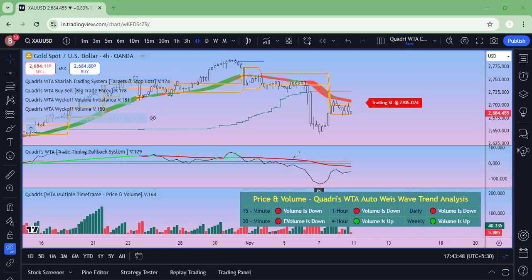If it is of red color, that means there is a high probability the price is going to go downwards, and if it is green color, the market has a high probability of price going upwards. So you have to time. This is the only tool which I use only for timing the trade. So I always look for an opportunity wherein this line is red and this red line is below the zero level.